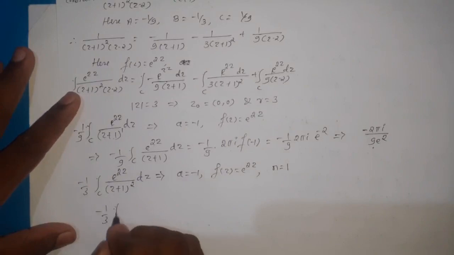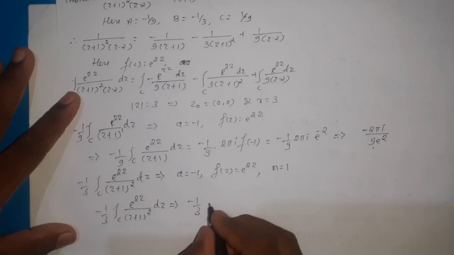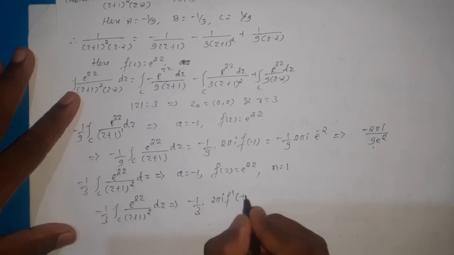Minus 1 by 3 integration over C e power 2z divided by (z plus 1) whole square dz. Now this implies minus 1 by 3 as it is, this is 2 pi i f dash of minus 1.